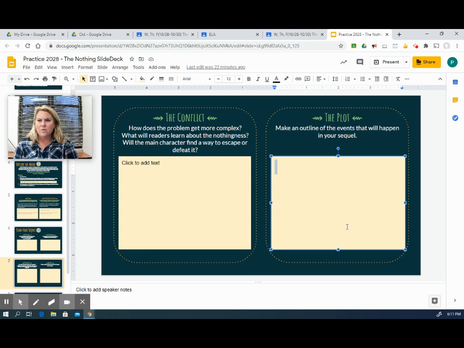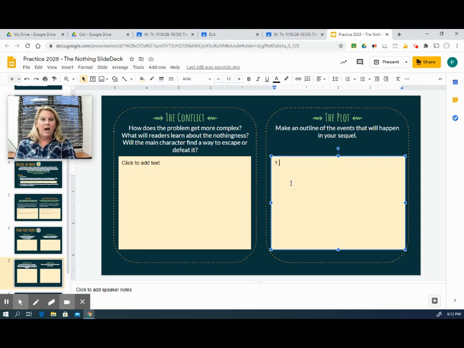Now, you guys don't really absolutely have to get a separate doc or anything. You can just create a list here. So I would just be like, event 1, this is going to happen. Now, you're not actually writing the story, so you're zoomed out. You're looking big picture. So my character is going to read the bark and then turn around.